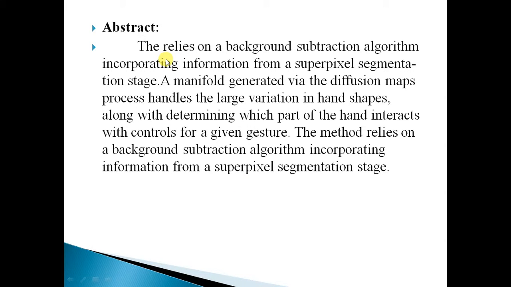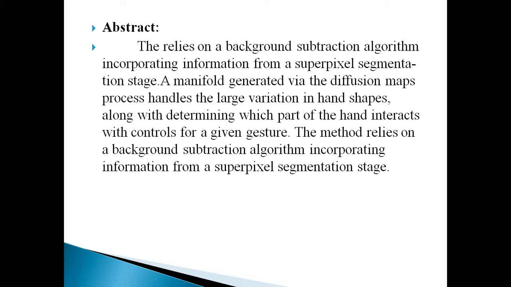In this project, the background subtraction algorithm is going to be applied by getting the information from the superpixel segmentation stage. The term superpixel segmentation means: in every visual system there will be an RGB stage, that is red, green and blue.